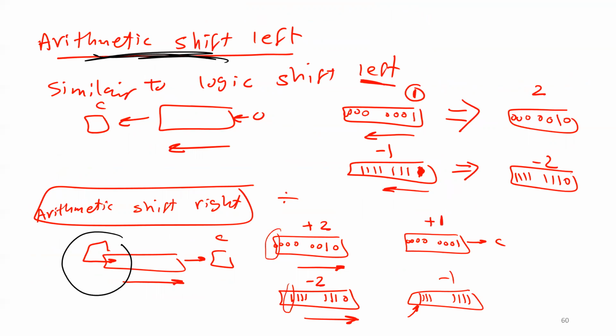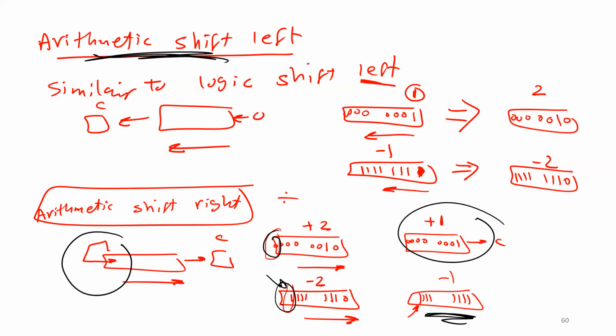Why are you going to shift in that? In order to divide by 2. I'm going to give you an example here. Look here, guys. For example, this number is positive 2, right? So if I shift in 0, it becomes positive 1. But this number here is negative 2. If I shift in the sign bit, which is 1, it becomes negative 1.